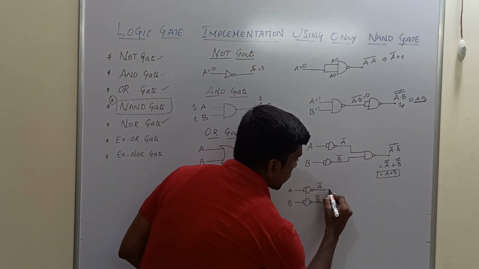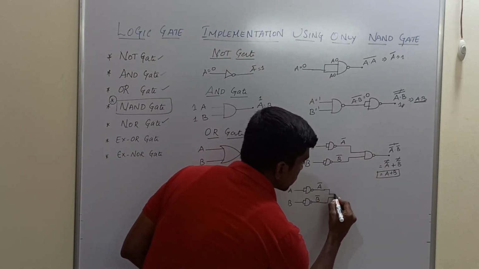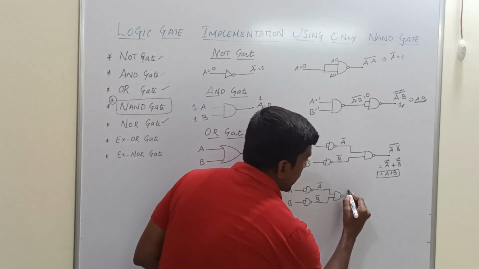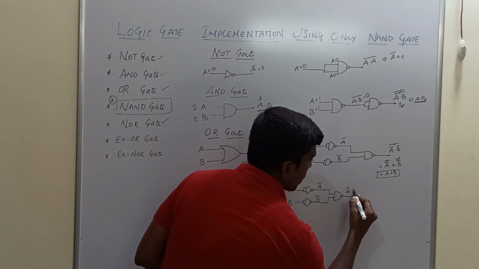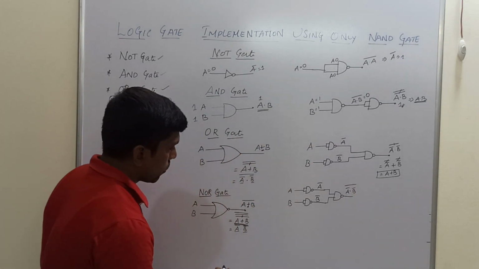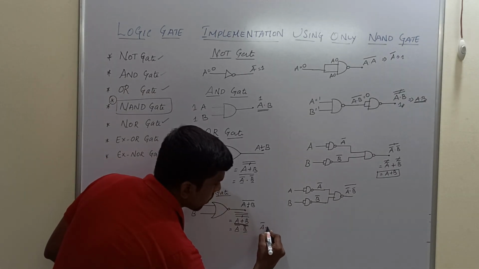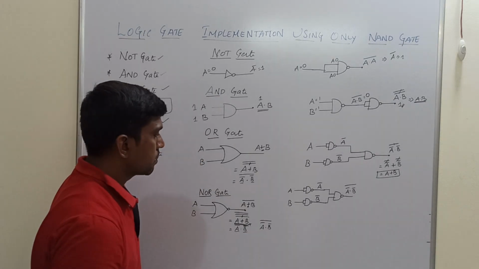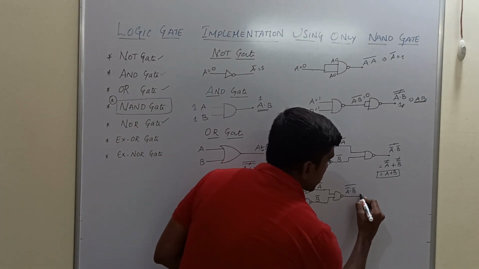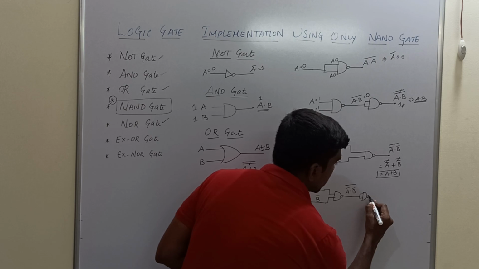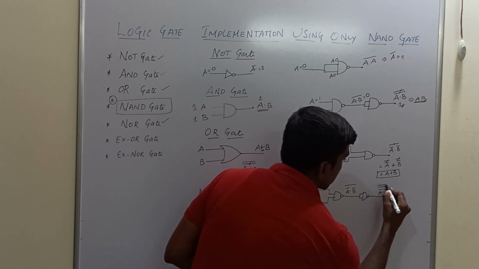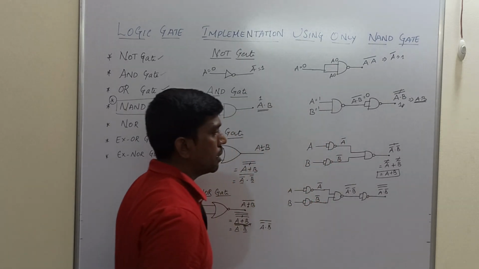Then I am using one more NAND gate for getting the product of these two variables, then the complement. So A bar dot B bar the whole bar. This bar is pending, so I am using one more inverter for getting the double bar. So A bar dot B bar, then double bar. So it's the final expression.